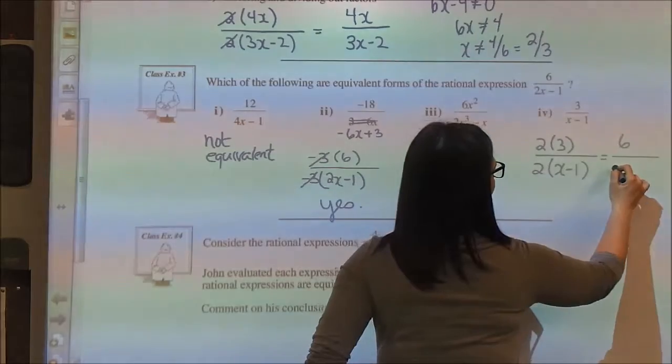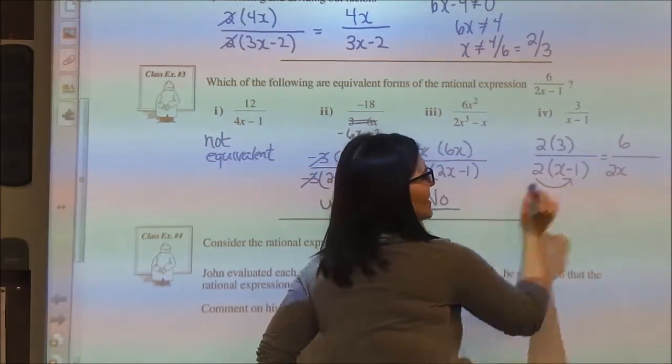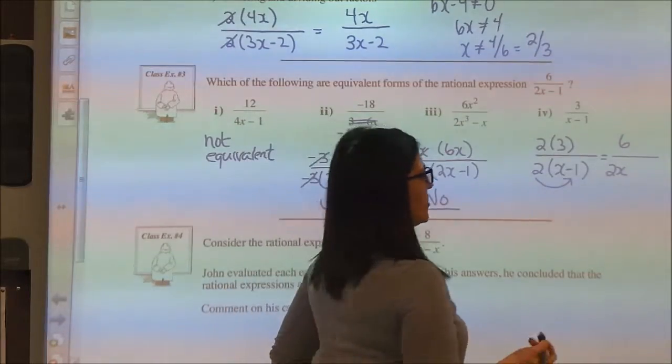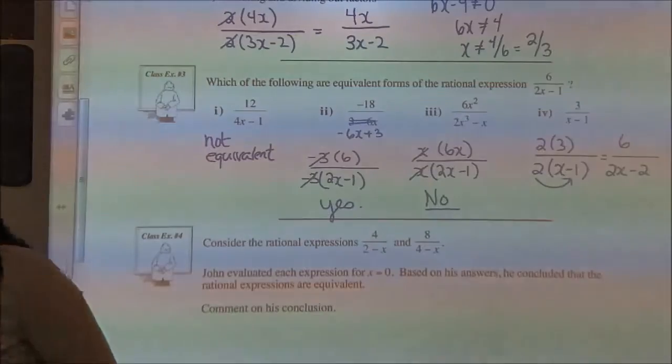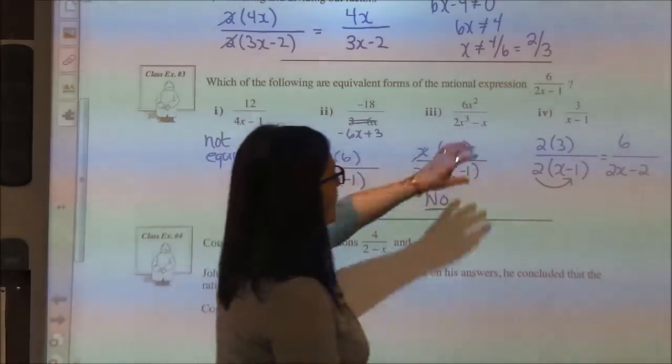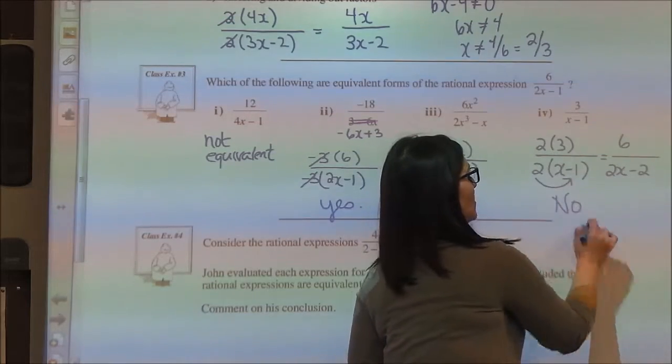When I multiply the bottom, I get a 2x, that's good. But then I have to multiply this negative 1 by 2, which brings me to there, which is not the same as what I was given. So this would be a no as well.